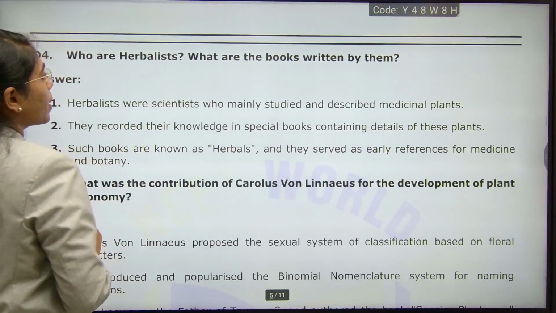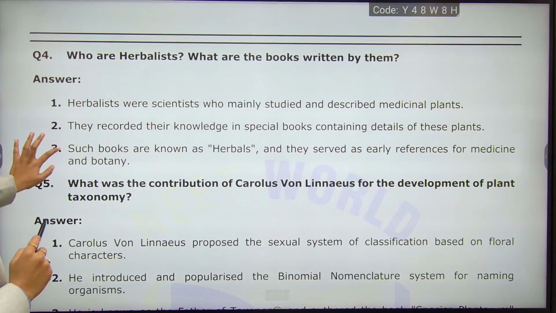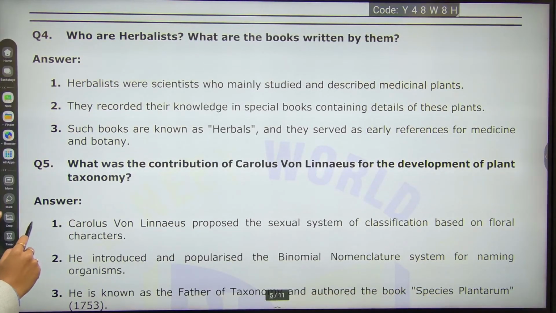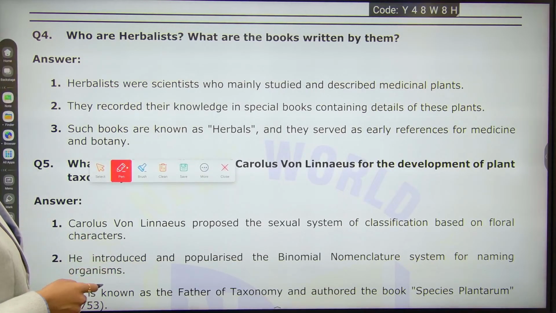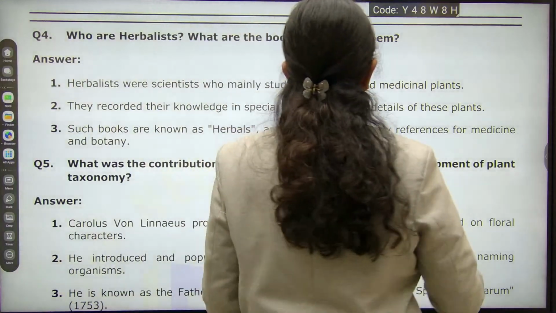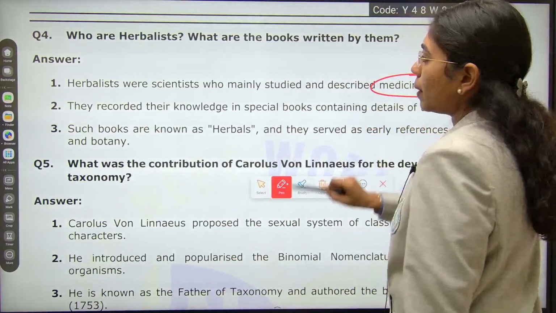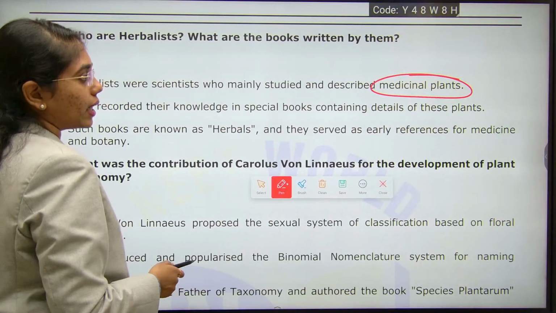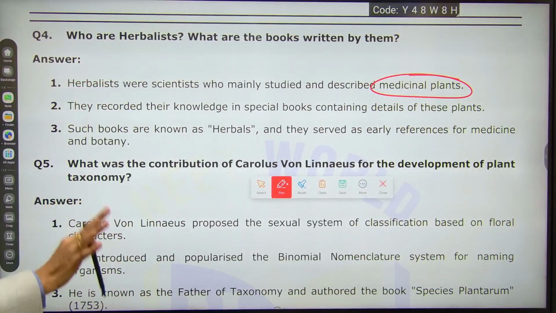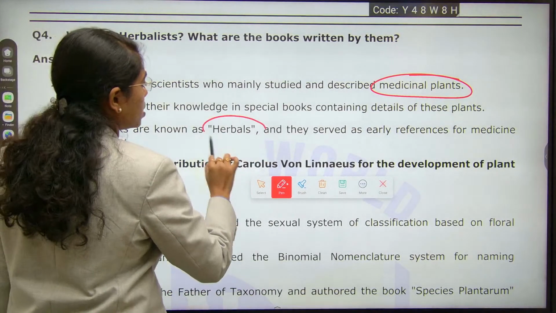Who are herbalists and what are the books written by them? Herbalists were scientists who mainly studied and described medicinal plants. They recorded their knowledge in special books that contain details of the plants. Such books are known as herbals.